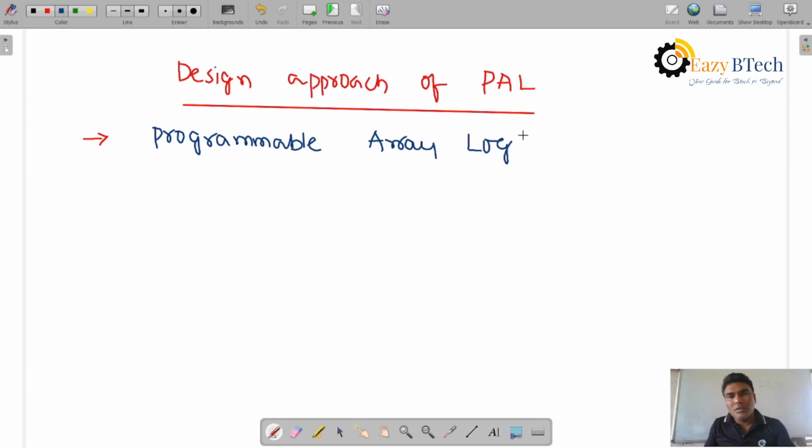In programmable array logic, the AND gate is programmable.